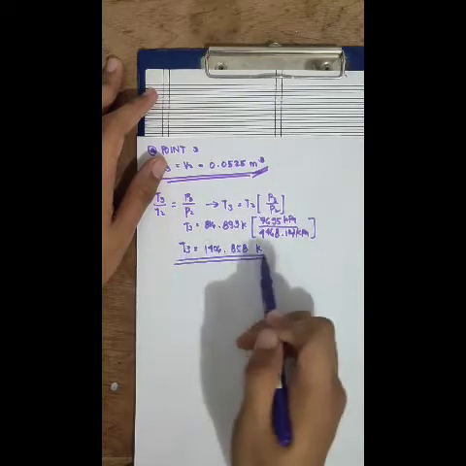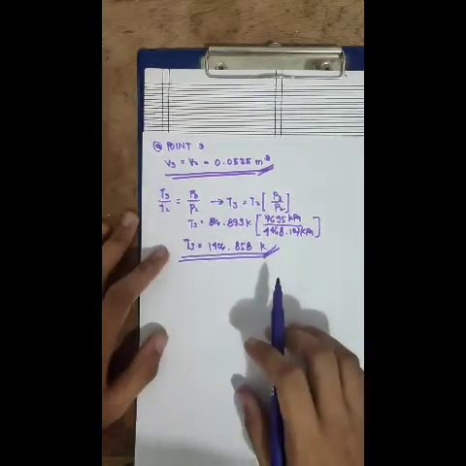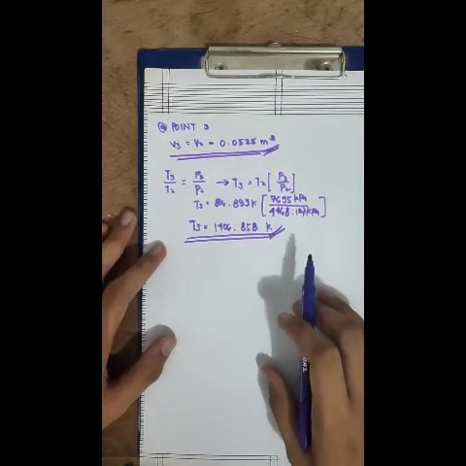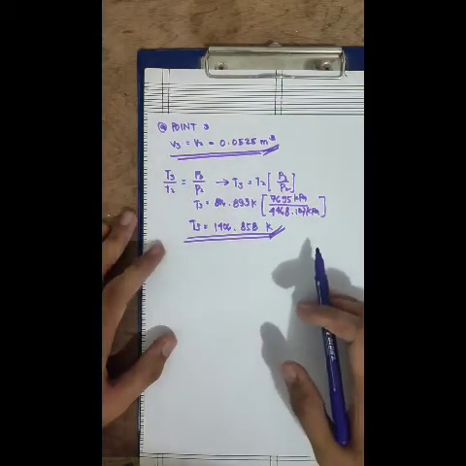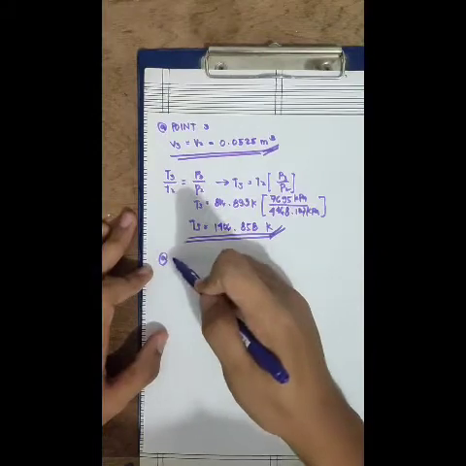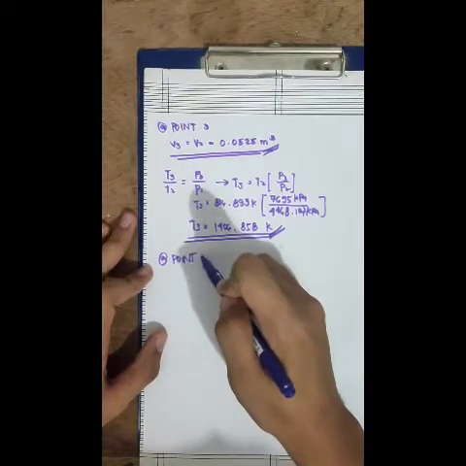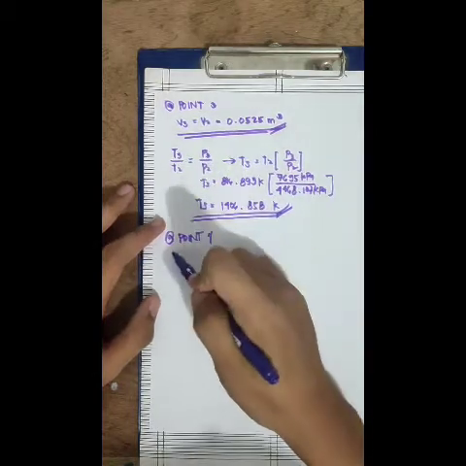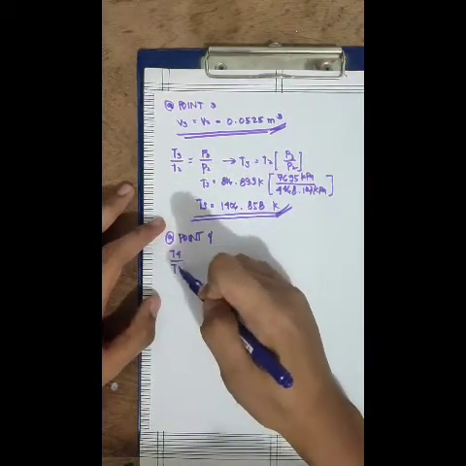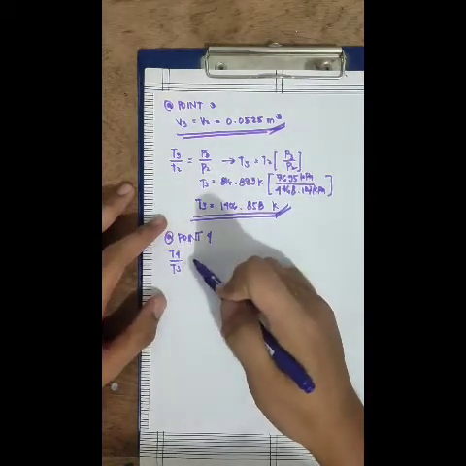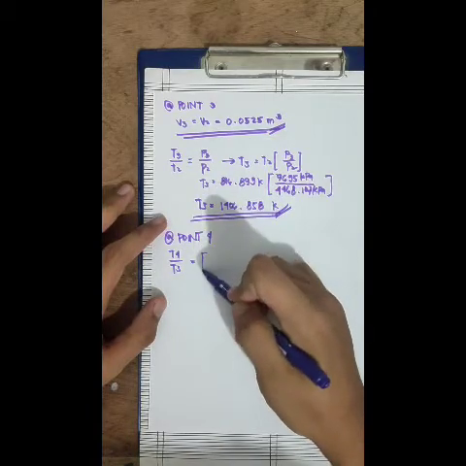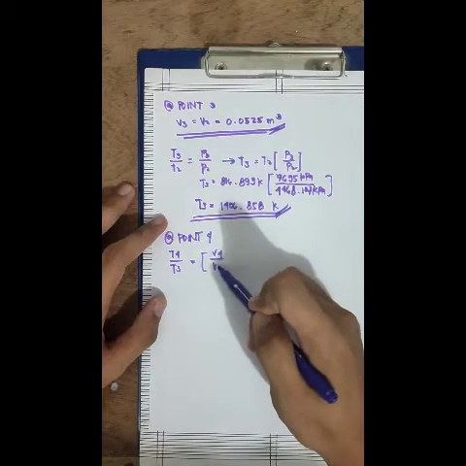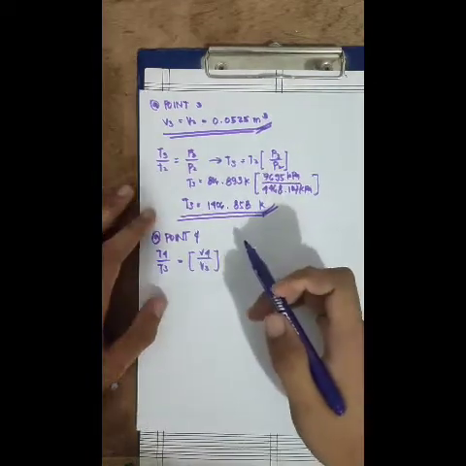So the temperature 3 is 1406.858 Kelvin. The next one that we are going to find is the volume 4 and the temperature 4. At point 4, we use this formula, T4 over T3 is equal to V4 over V3.